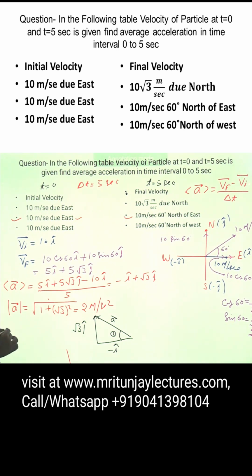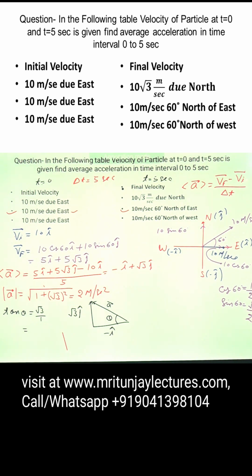So tan theta is perpendicular distance root 3 divided by 1. Clear or not? Root 3 divided by 1. Tan 60 is equal to root 3, so it is written as tan 60. It means theta is equal to 60 degree.